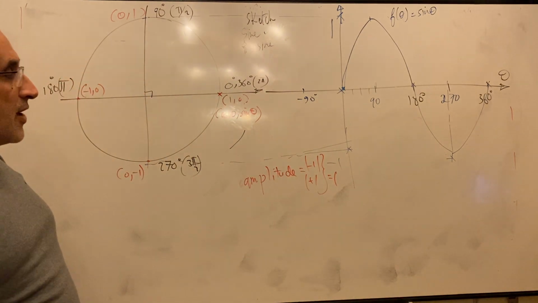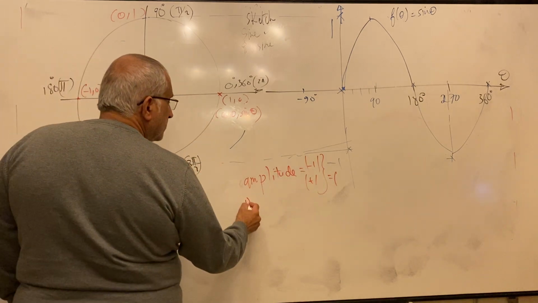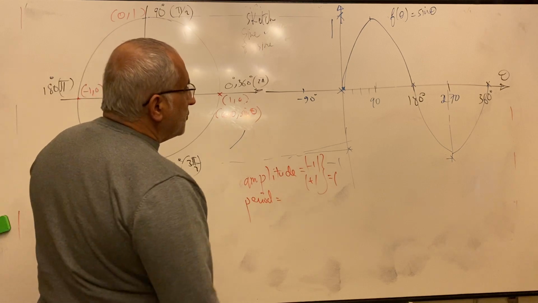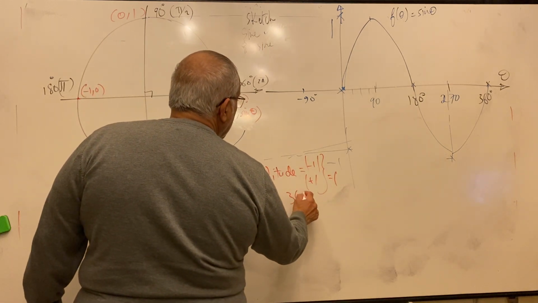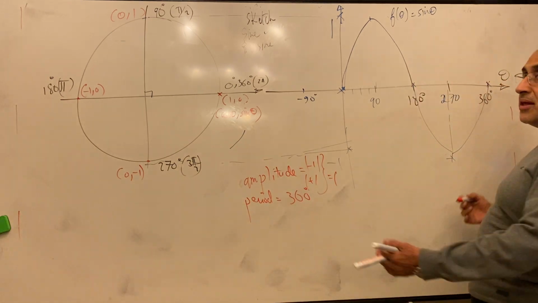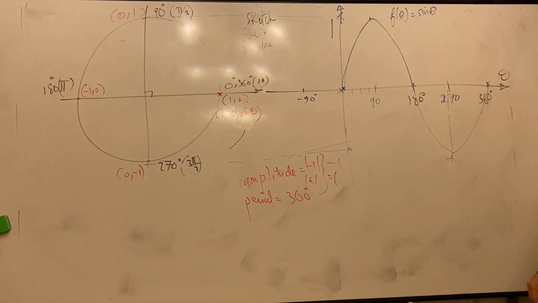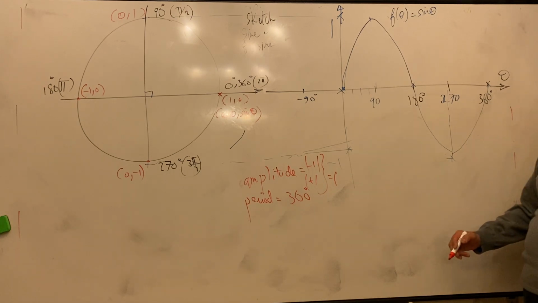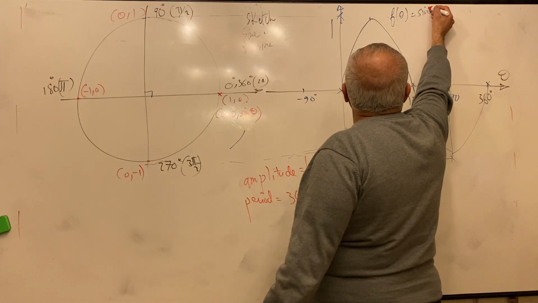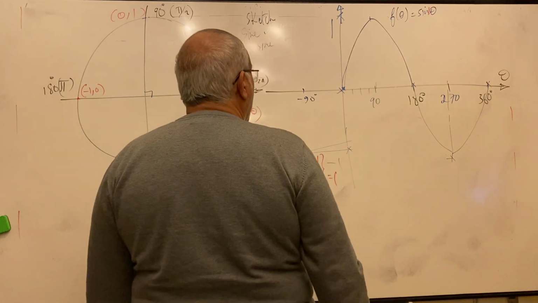Now, a full cycle means a period. So what do you notice about this period? This period is exactly 360 degrees. I can go more, then you will have more periods, right? So the period is fixed in this situation. And this period is affected by the number multiplied by the theta.